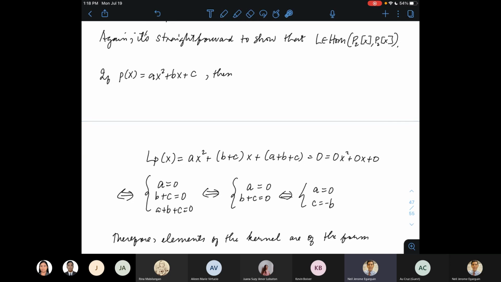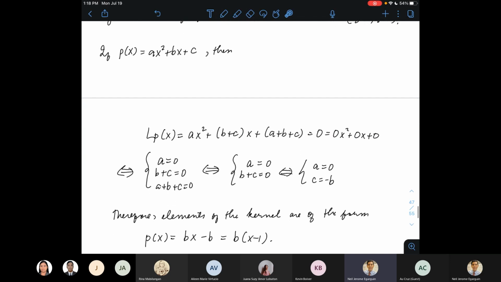Again, I'll just need to equate coefficients. So that means a must be equal to 0, b plus c must be equal to 0, and a plus b plus c must be equal to 0. That's how we got this system of linear equations.